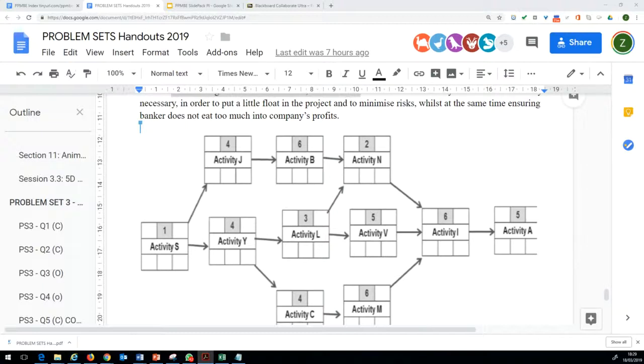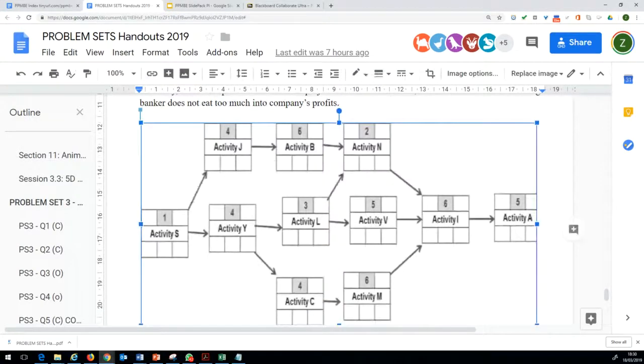So will it be worthwhile scheduling this activity as we do normally? Yes, so there is a suggestion that we could start this project by understanding the total duration, which is correct.